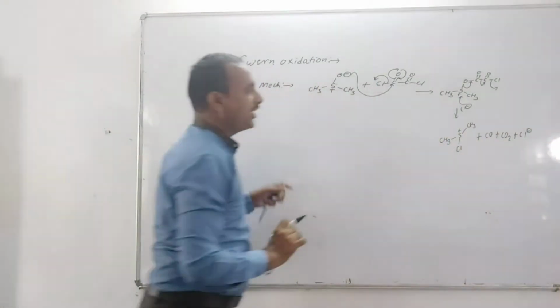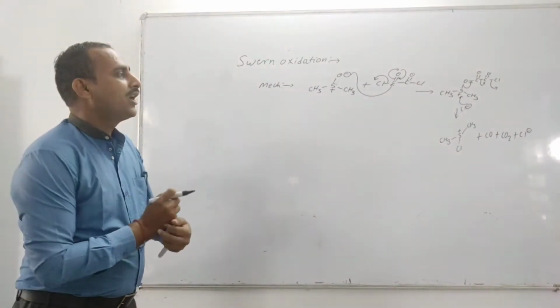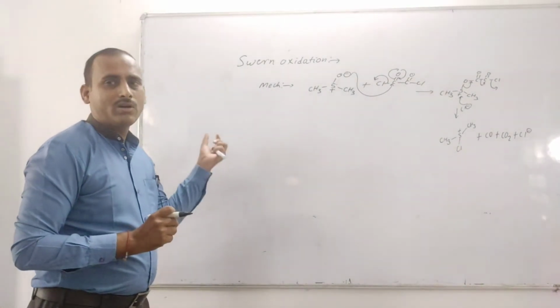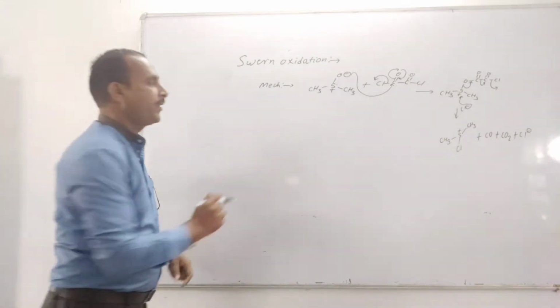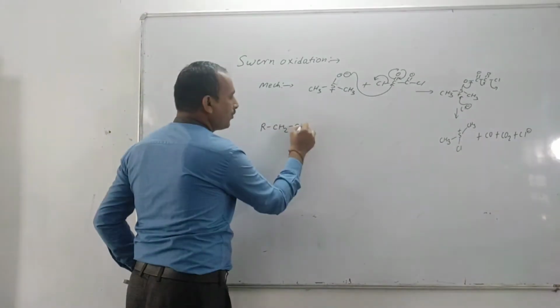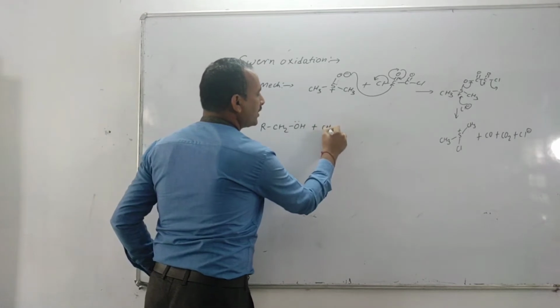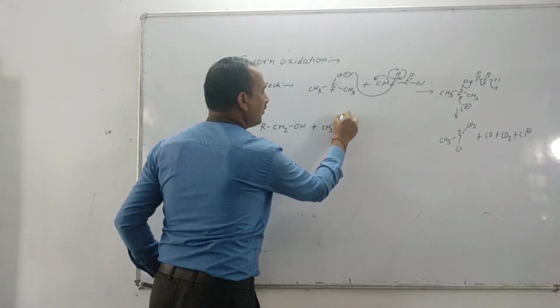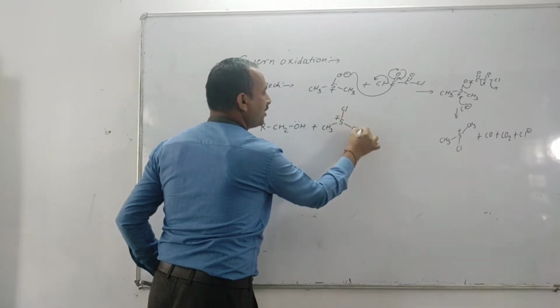Now the alcohol attacks this intermediate. So RCH2OH, the lone pair attacks CH3 S Cl plus CH3.